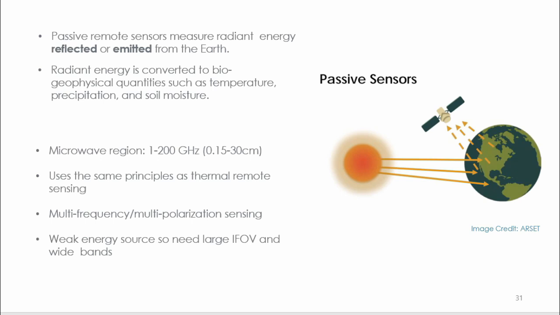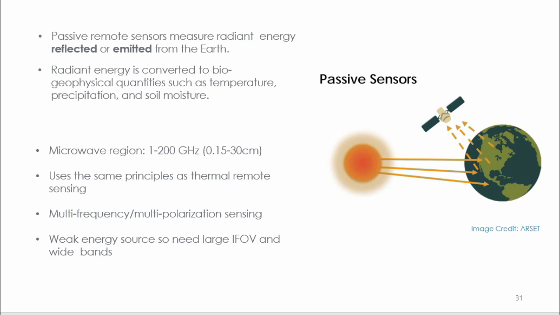Unlike active microwave sensors, passive microwave sensors measure radiant energy emitted and reflected from the Earth. So they don't really send any pulse or signal and read returning signals and so on. They don't send any energy.